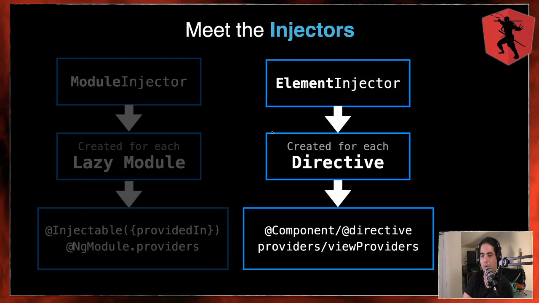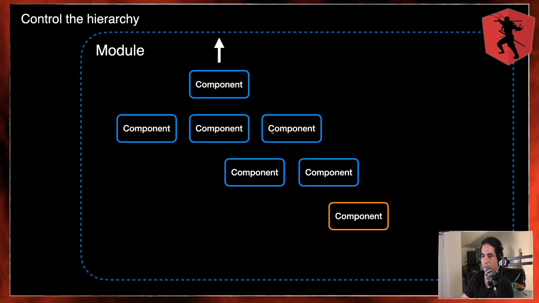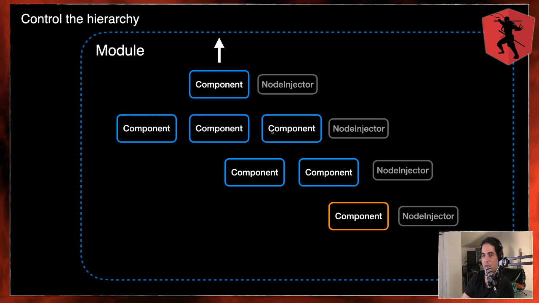So if you want to provide our code or configure the node injector, we can write a simple class like we just did, this counter service, and then on each component we can configure the injector using a provider, which means that for each component we can decide if we want to configure the node injector to know about our counter service, and every time we do it we get a fresh instance.